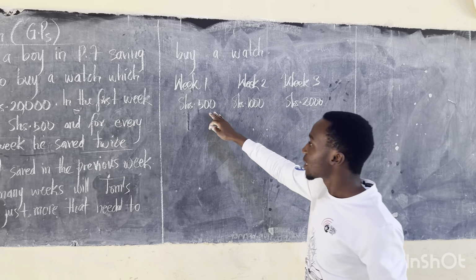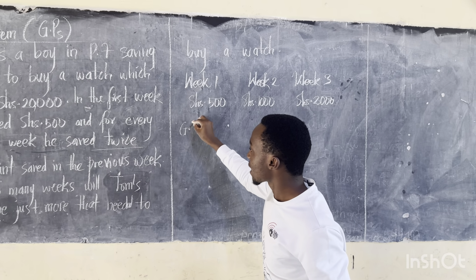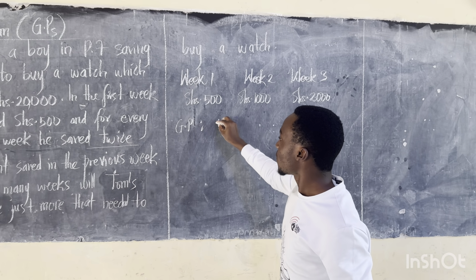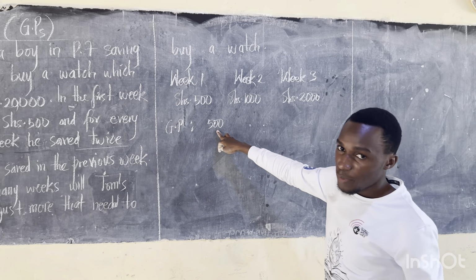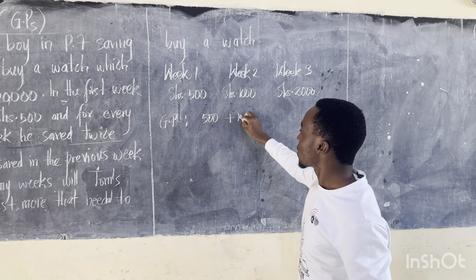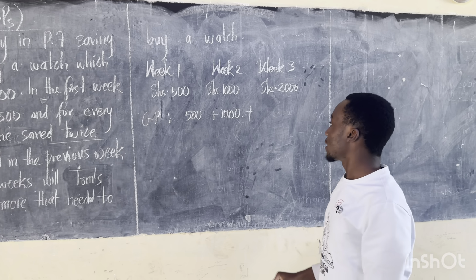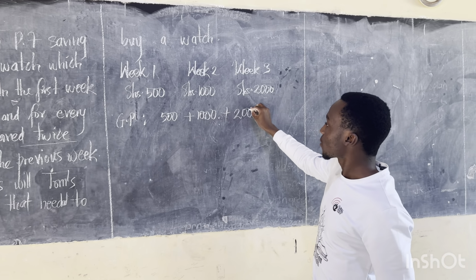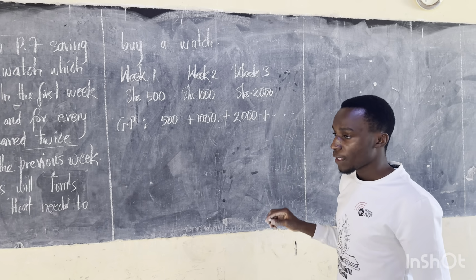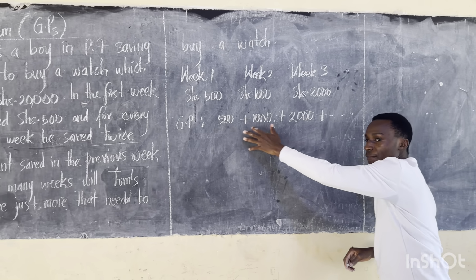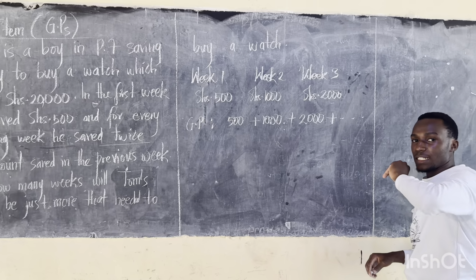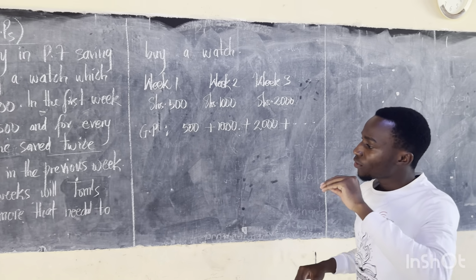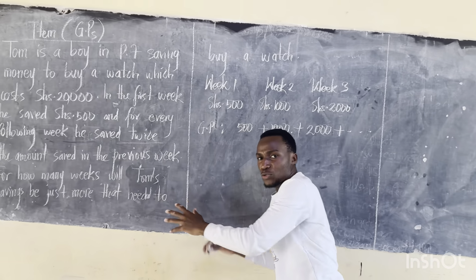So when we look at this, we come to realize that this is a GP, with the first term being 500, the second one being 1,000, and the third one being 2,000, and so on. So this is the boy's savings in the consecutive weeks. And we are told for how many weeks will the money accumulate.